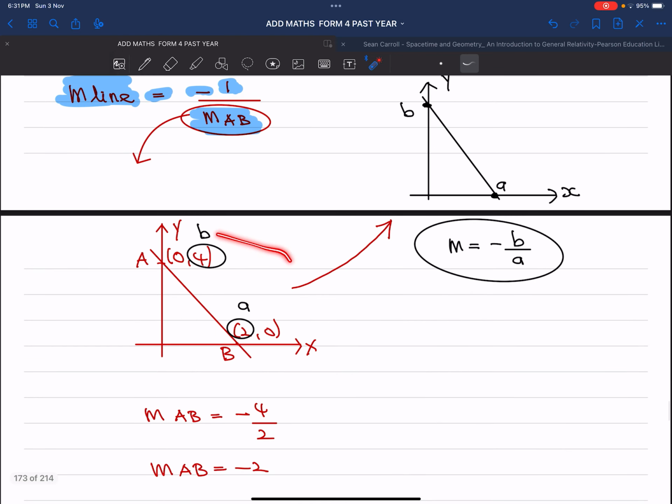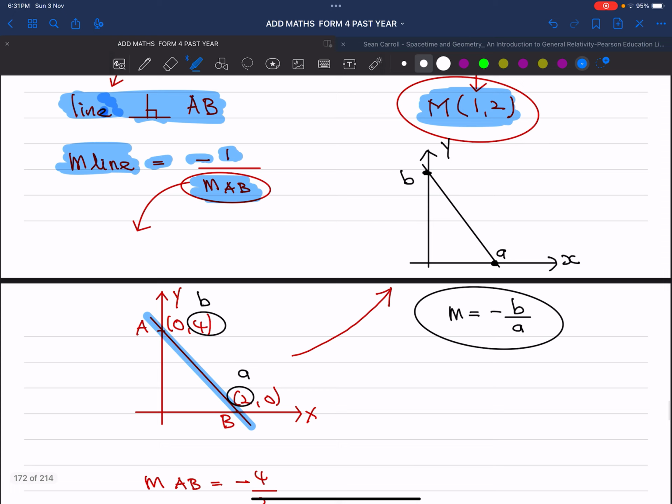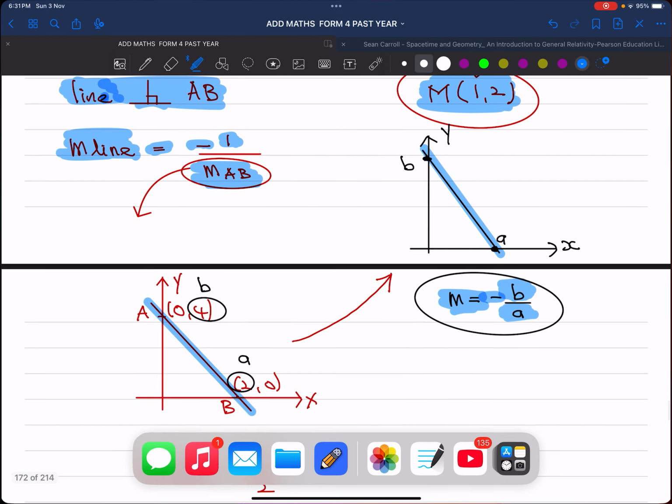I've drawn back the graph, and you notice that this line AB is in the form of the Y and X intercepts. If you look at our notes, if you are given a line in intercept form, whereby A is the x-intercept and B is the y-intercept, therefore the gradient of the line is negative y-intercept B over x-intercept A. So we are going to use that.